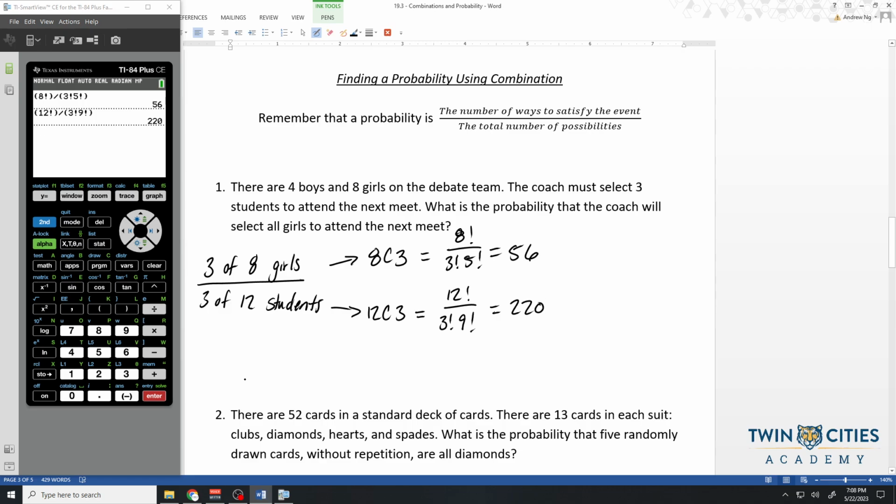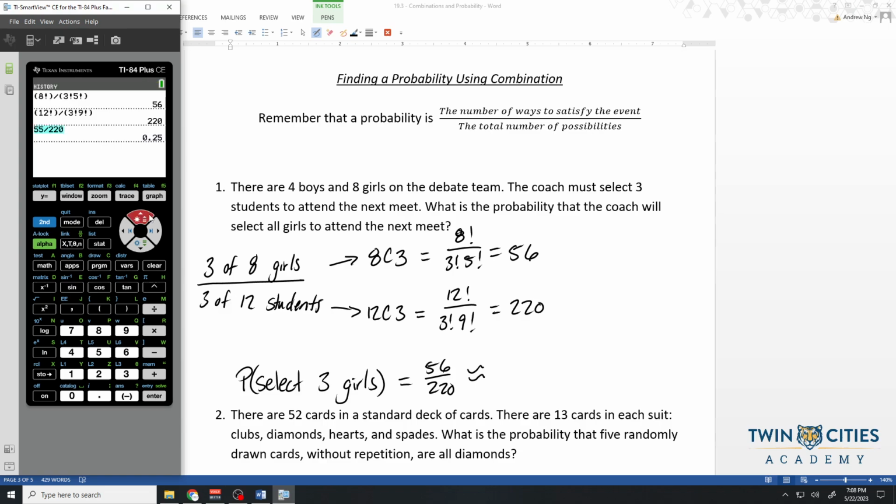Therefore, the probability that the coach will select 3 girls for the next meet is 56 over 220. We could reduce that. I want to find out what that is as a decimal. Oop, that's 55.